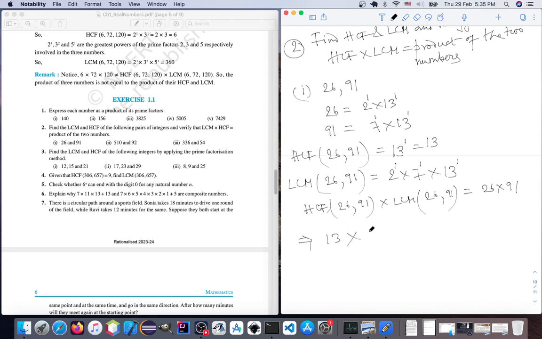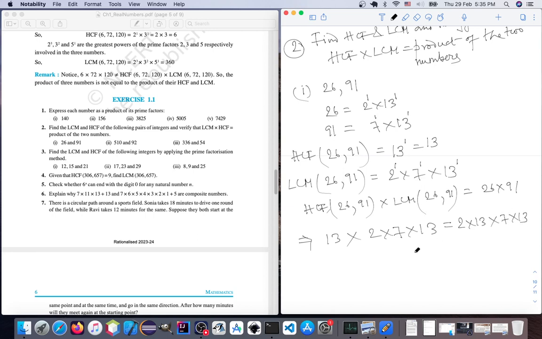LCM is 2 into 7 into 13. 26 is 2 into 13, and 91 is 7 into 13.